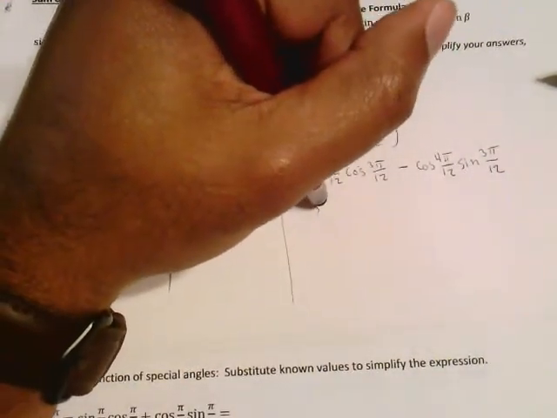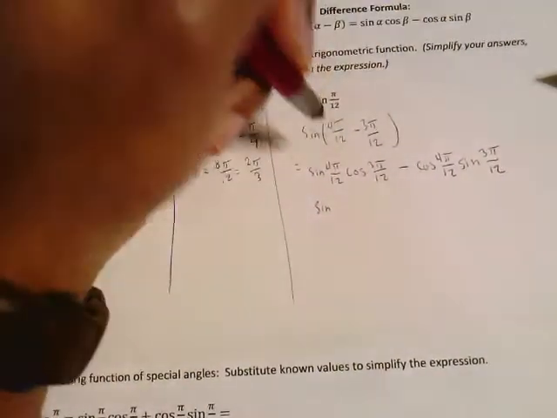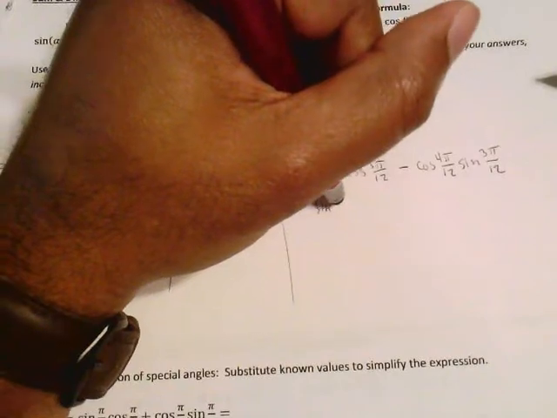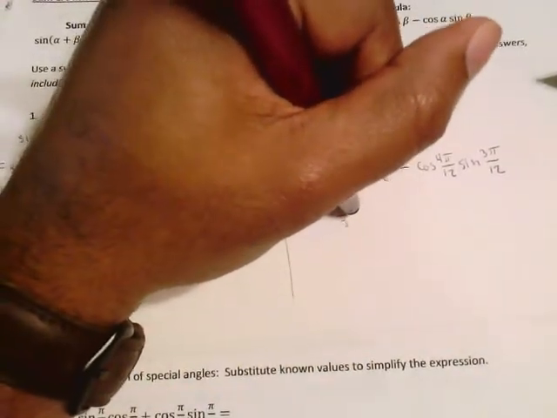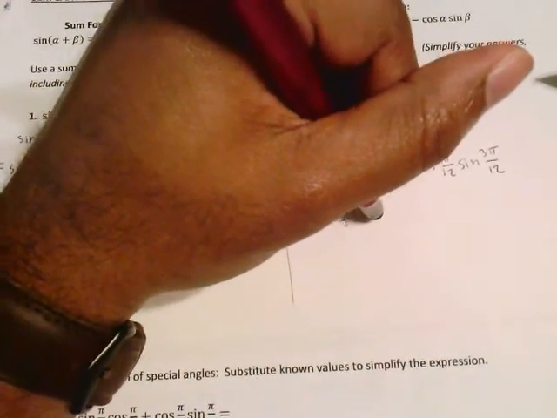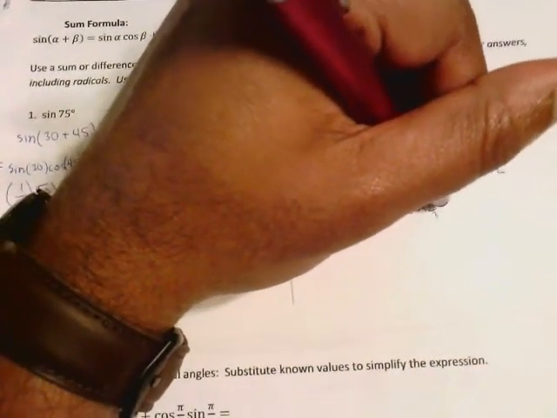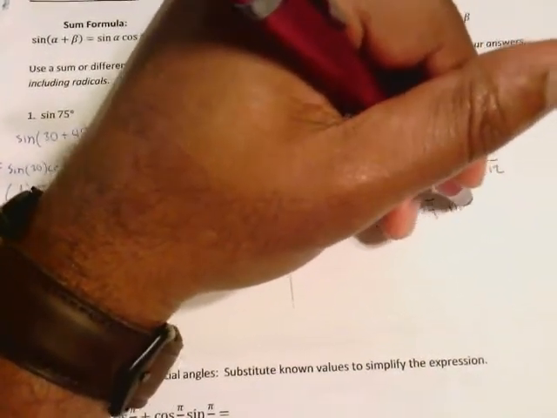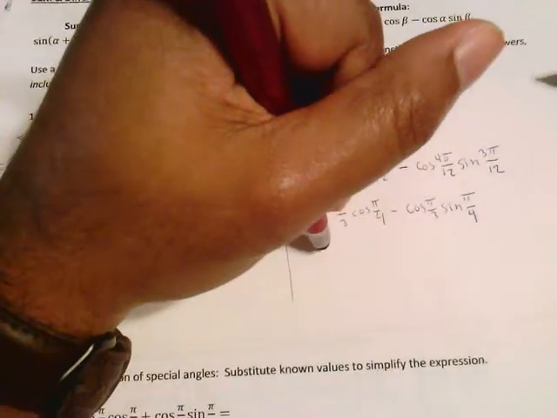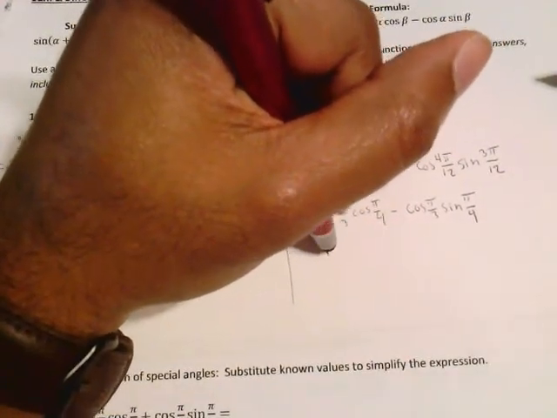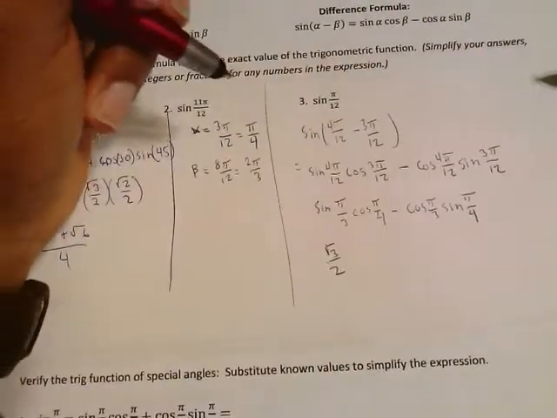And we can reduce it. So sine of 4 pi over 12, I could have skipped this step, but it would be pi over 3, cosine pi over 4, minus cosine pi over 3, sine pi over 4. Sine of pi over 3 is square root of 3 over 2.